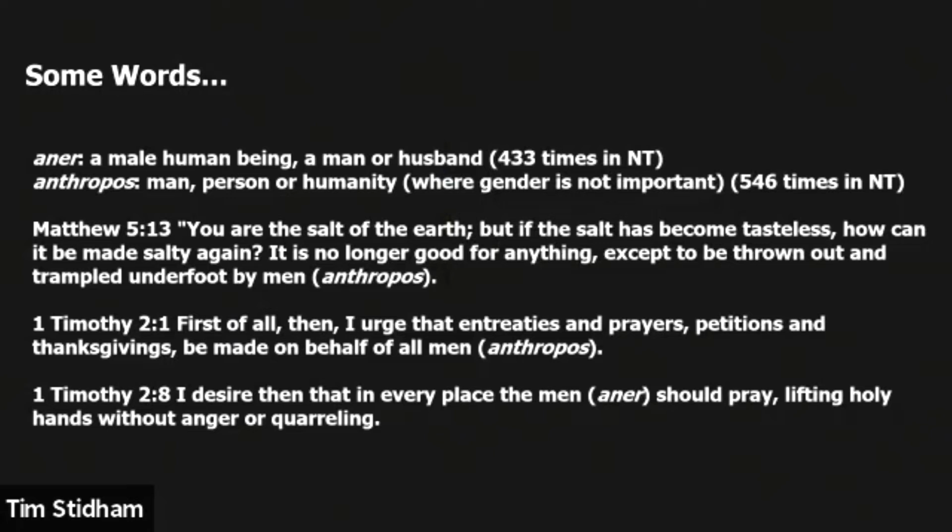We looked at the word aner, which is a male human being, and it's usually translated man or husband, used a bunch of times in the New Testament, 433 times. So it's a fairly common word, and it leans more towards talking about a male.